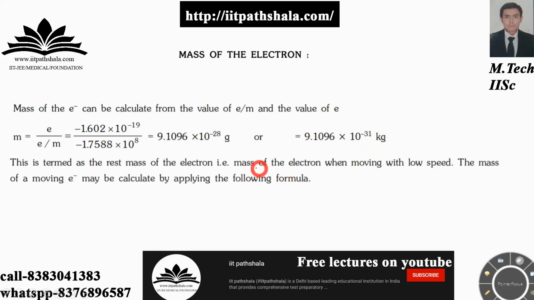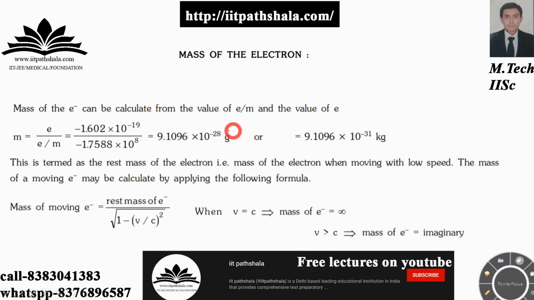Now guys, you have to remember that this is the rest mass of the electron I am talking about. Rest mass is the mass when your electron is moving with a very small velocity or with no velocity at all. Now if you want to calculate the mass of a moving electron, you can use the following formula: rest mass of electron upon the square root of 1 minus (v/c) whole squared, where v is the velocity of the electron, c is the velocity of light.